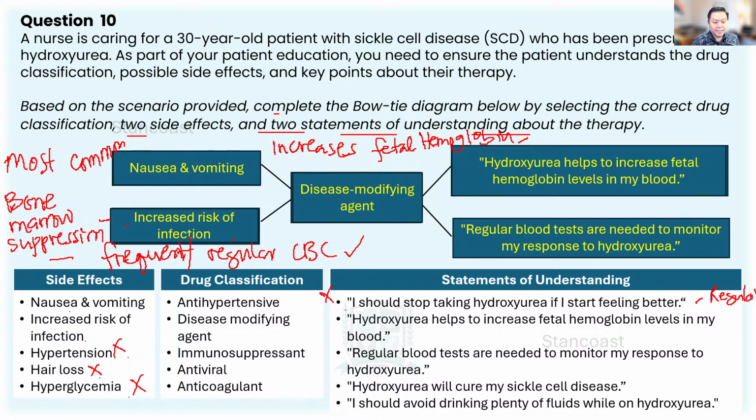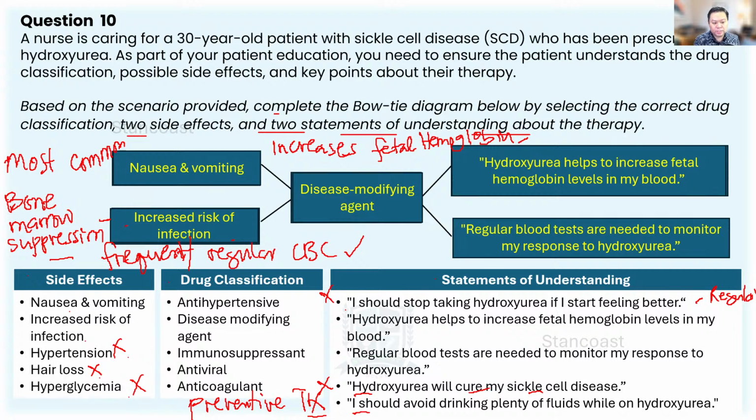Okay. What about this one? Hydroxyurea will cure my sickle cell disease. It doesn't cure. It is a preventive treatment. So it doesn't cure. What about this one?